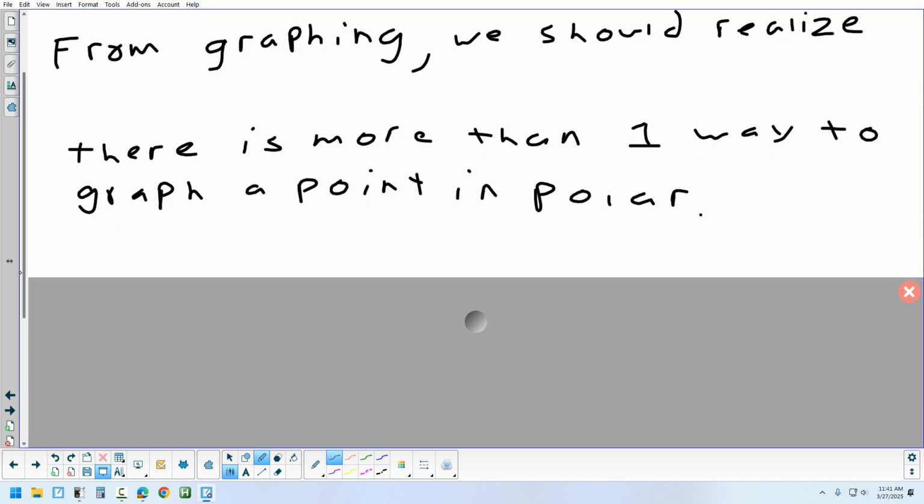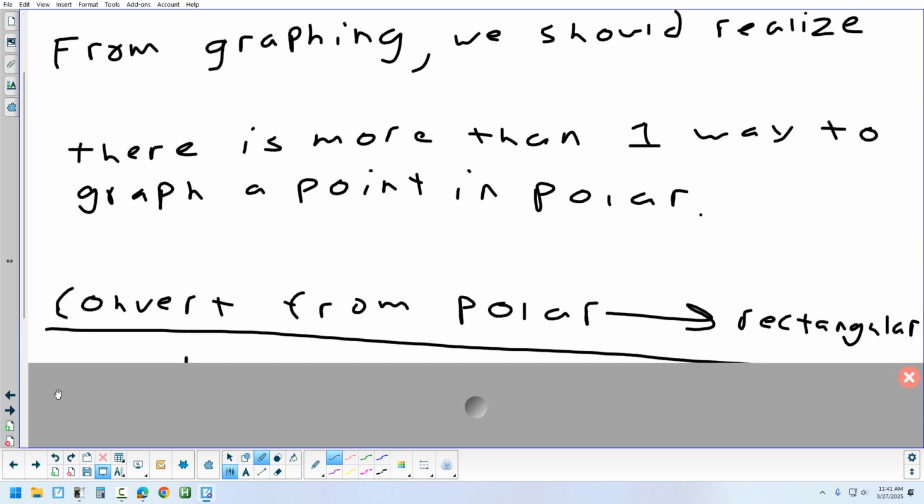All right, so the last 2 things we're going to look at are changing from polar to rectangular and then the other way. When you are given a point in polar, what are the 2 components of the coordinate that they give you? Radius and angle. If you want to convert that back to the kind of coordinate system that parametric and functions use, what are the 2 components in a rectangular system?